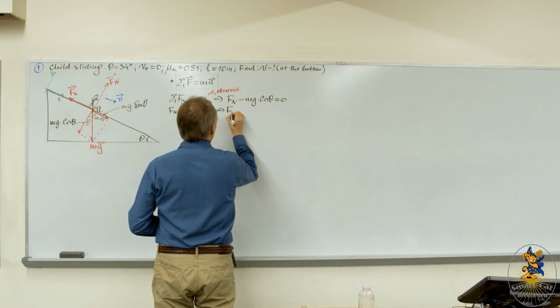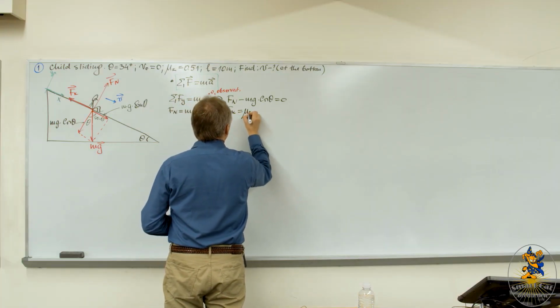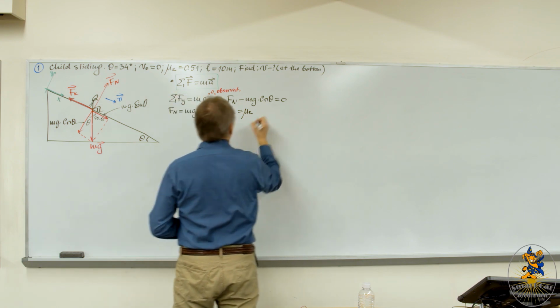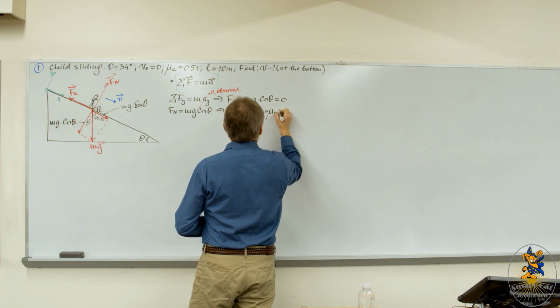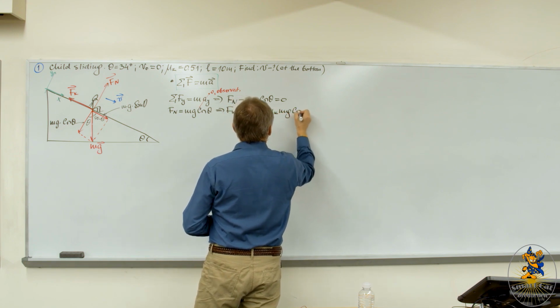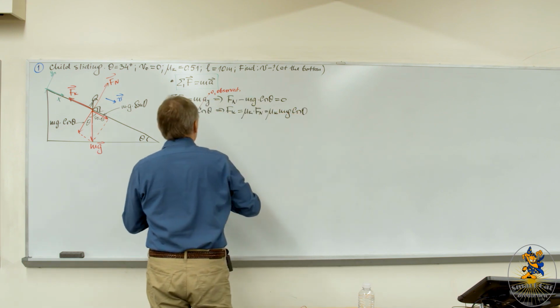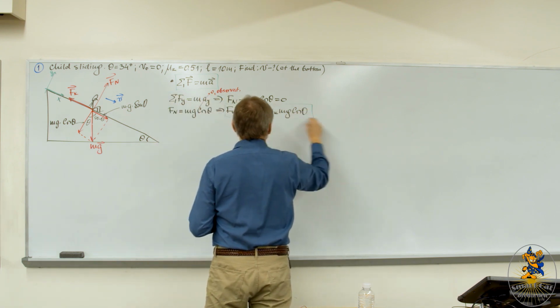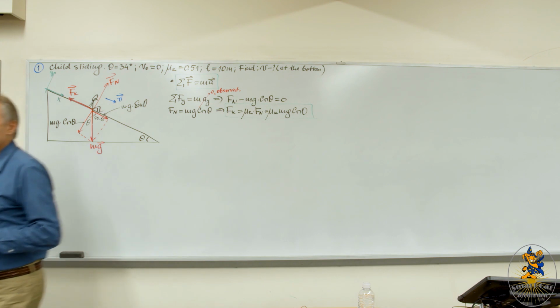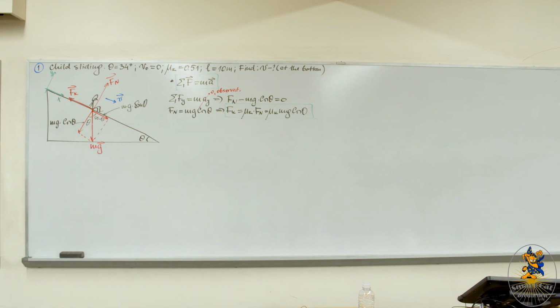So F kinetic equals to mu k, which is given, times normal force, mu k mg times cosine theta. Okay, let me frame it lightly, because soon I will need it. So that's basically the outcome from the equation in the y direction.